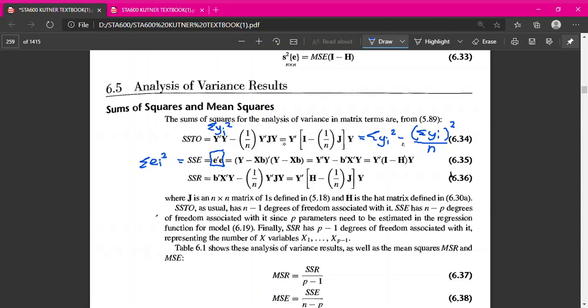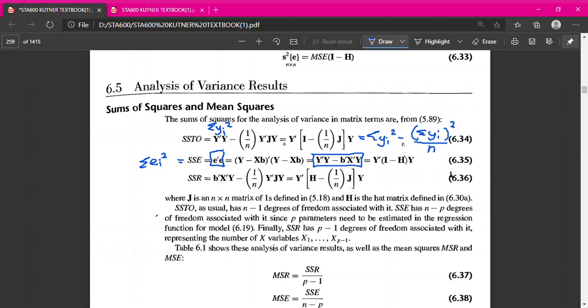We also usually use this formula for the matrix approach to find the SSE, which is y transpose y minus B transpose X transpose Y. B transpose is the matrix of beta naught, the estimator of the parameters. Let's say here we have two independent variables, so the matrix B will be 3 by 1, so B transpose will be 1 by 3.